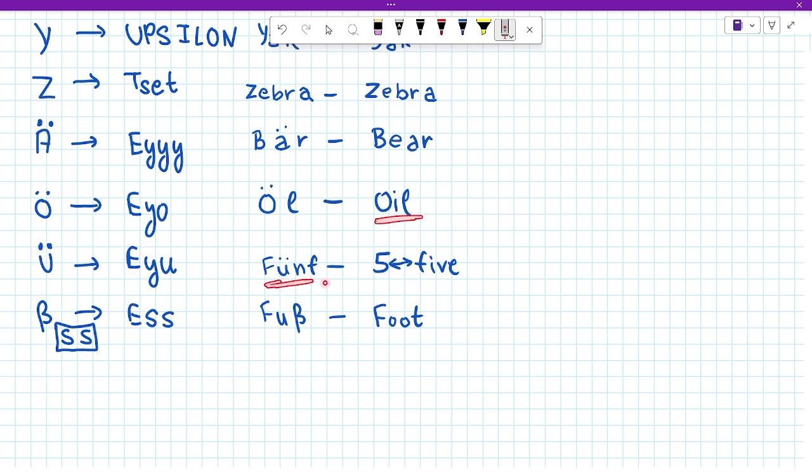Then fünf, which stands for the number 5, and similarly you can write the number in numerical form or in the form of letters. Then Fuß, which stands for foot in English.